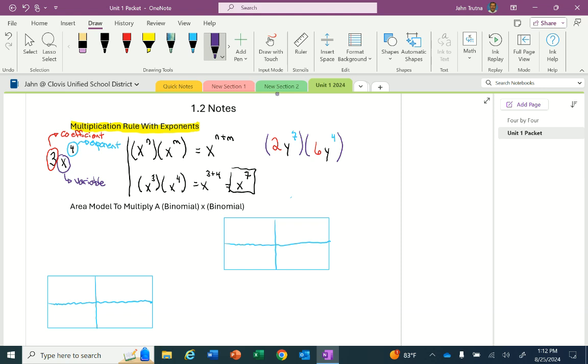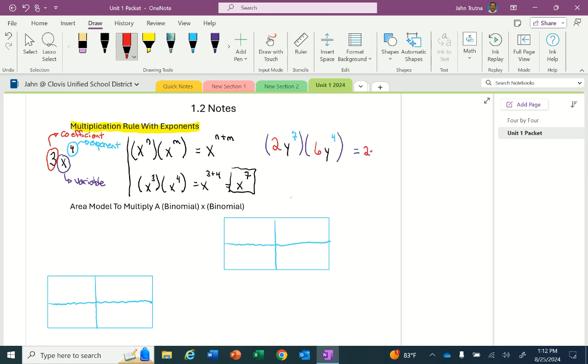Okay, so here's the rule on this one. When you're multiplying and you have coefficients, the coefficients would be the numbers in red, the 2 and the 6. Remember, a coefficient is a number that's in front of a variable. So this particular example would simplify to, you actually multiply the coefficients.